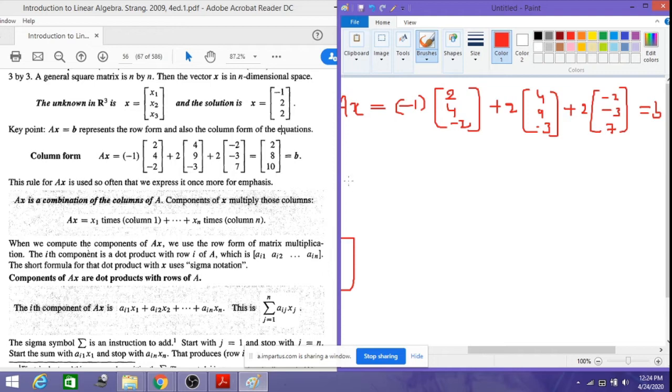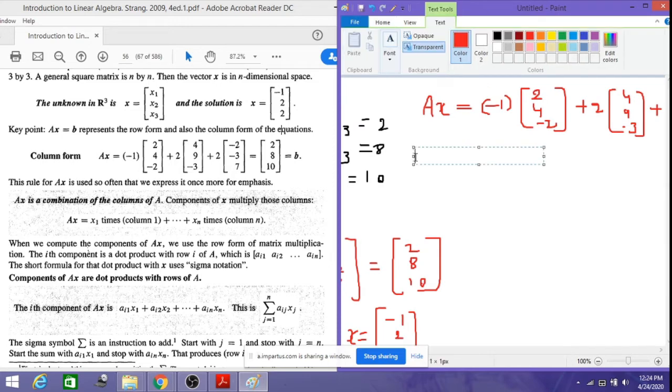So here AX is a combination of the columns of A. Generally we write this as AX is equal to x1 times column 1 plus x2 times column 2 and so on, it will continue, plus xn times column n.